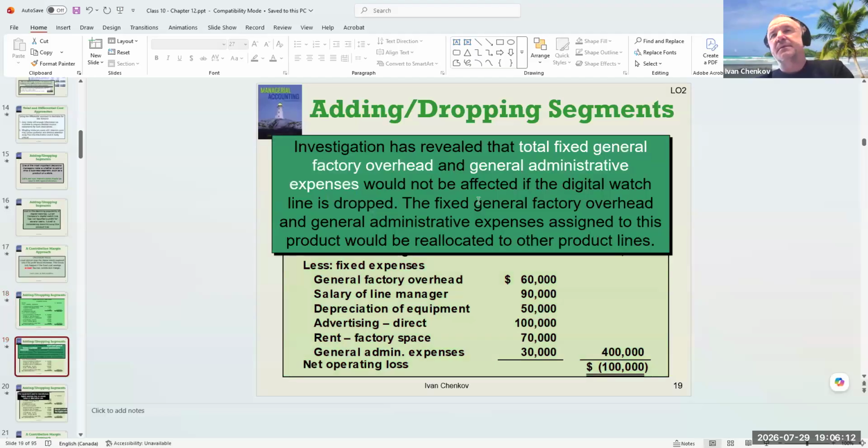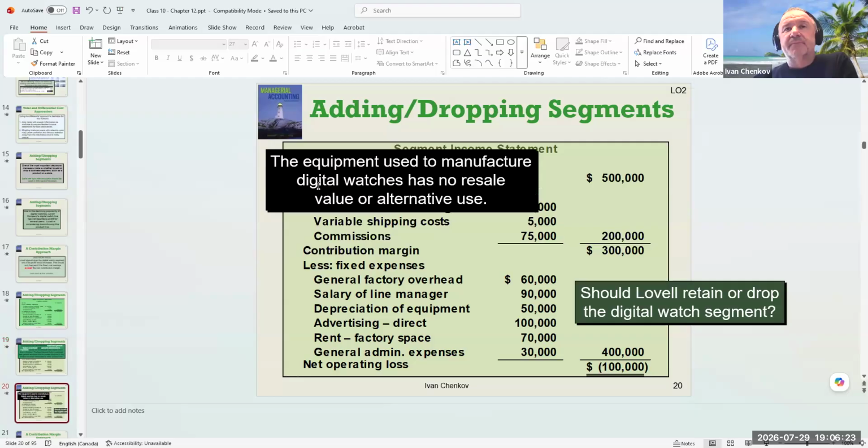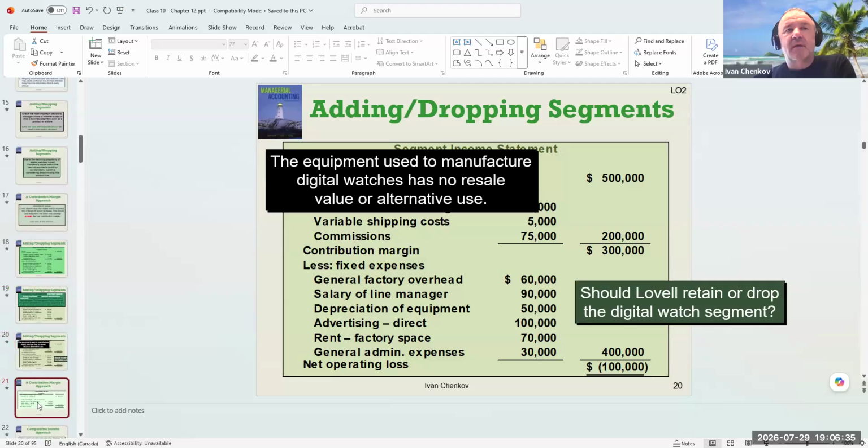Again, this is the scenario. From the additional information, we're seeing that the general factory overhead and the general administrative expenses are irrelevant costs. Those are common costs for the company. The factory equipment, which produces those digital watches, has no resale value, so there's no use for that cost. Shall we retain the division or shall we drop it?